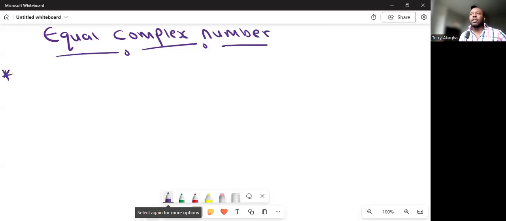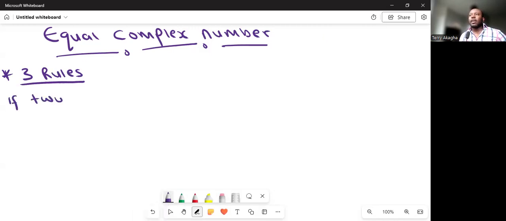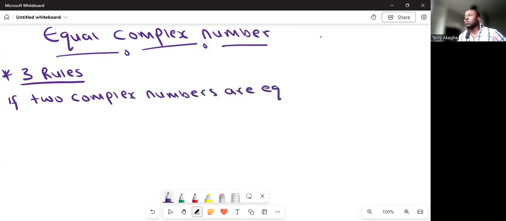So now there are three things to keep in mind when we're talking about equal complex numbers. There are three rules, okay? If two complex numbers are equal, the two real parts have to be equal.